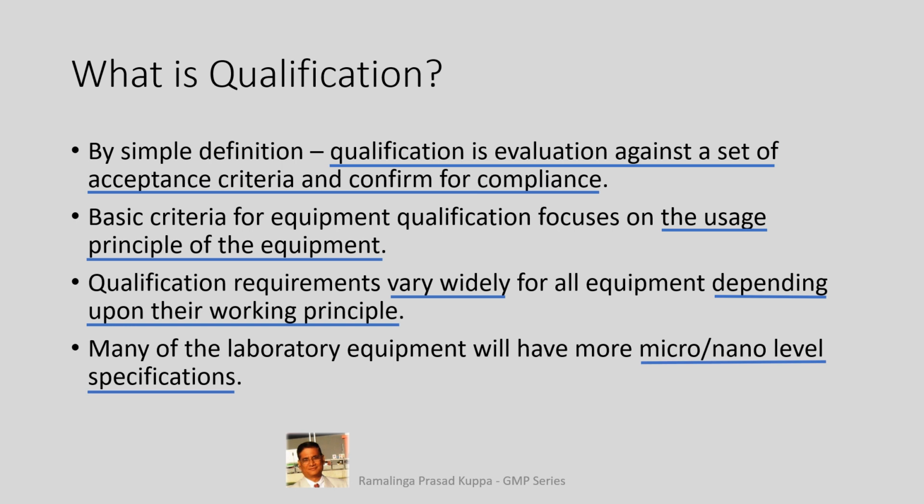Most of the sensitive equipment in the laboratory will have micro level or even nano level accurate specifications. The list includes HPLC, GC, UV, IR, etc. The requirements are more and also elaborate.